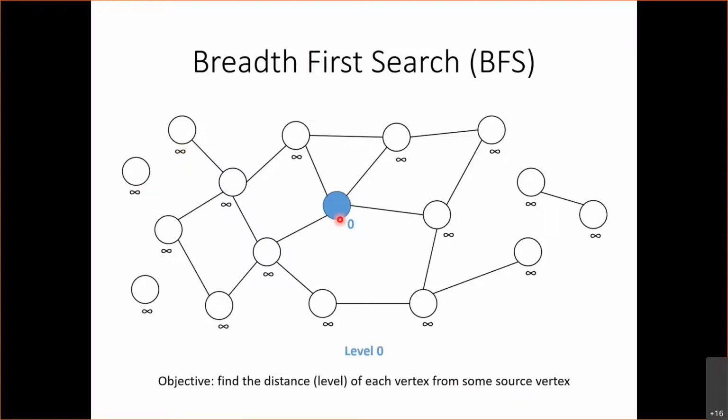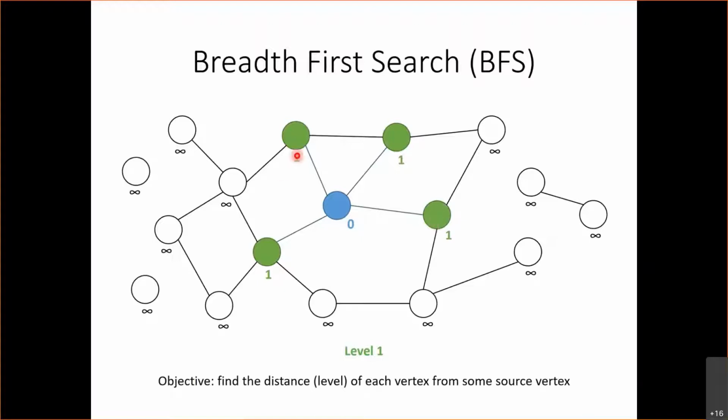Then on the first iteration, I will visit all the neighbors of the source vertex and label them as having level 1. Then on the next iteration, I'm going to visit all the neighbors of these neighbors, and I will label those as level 2.